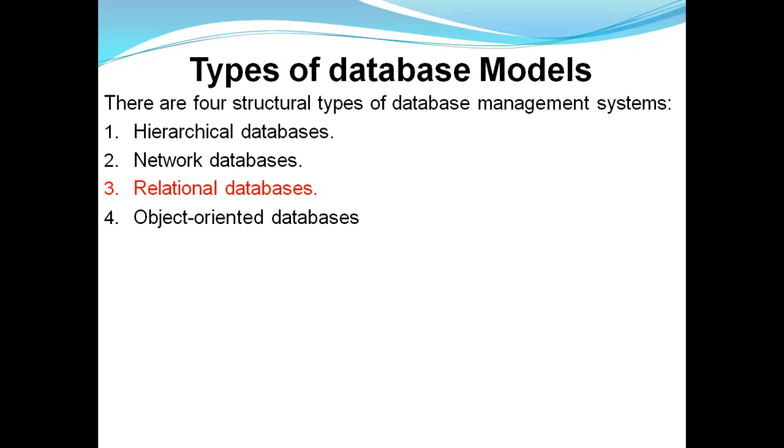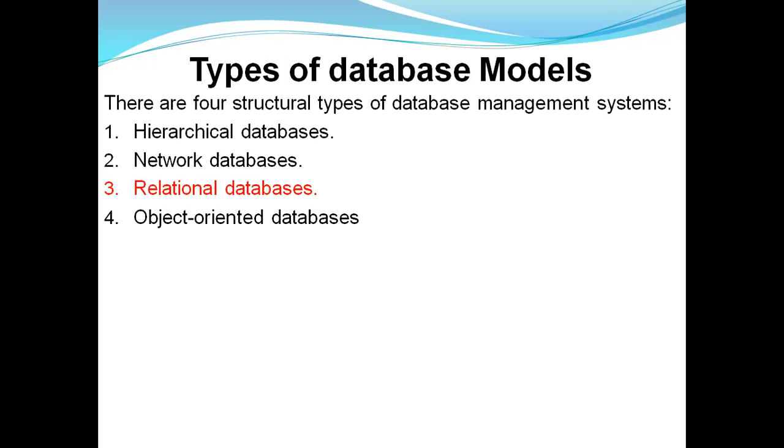One parent, many children. Simple. In a network database, it's just the opposite of a hierarchical database. Here, it is one child and many parents. In hierarchical, one parent, many children. In network database, one child and many parents.